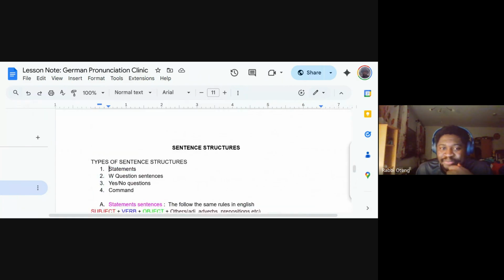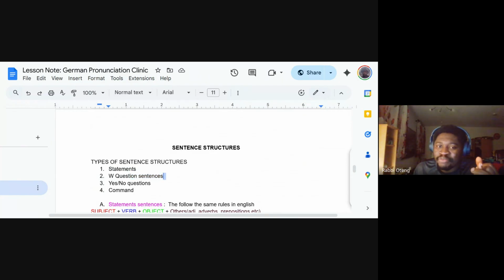So with statements and W questions, the verb is always at the second position. But with statements, there is flexibility. You can start the sentence with the direct objects or the adverbs, but remember that the verb still stays at the second position, and immediately after the verb, the subject must follow. That's with statements. With W questions it's fixed.